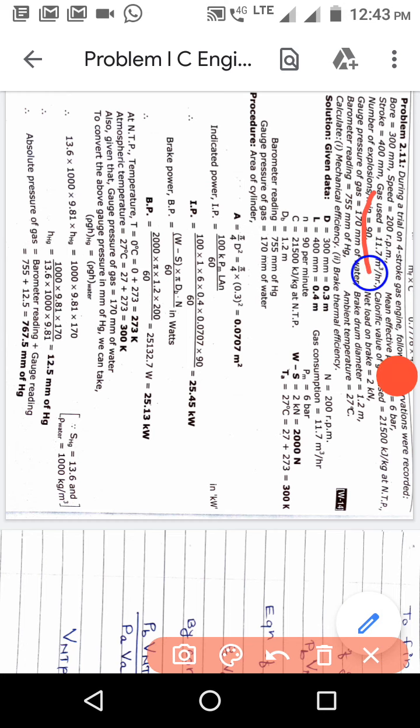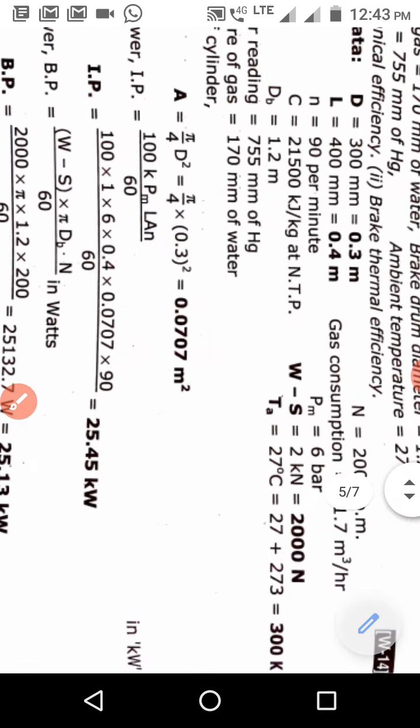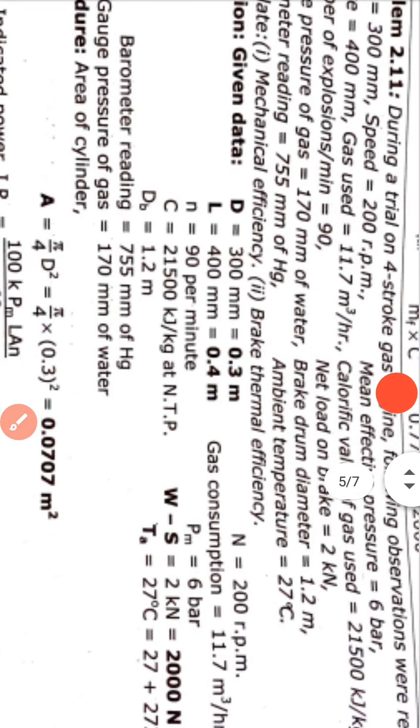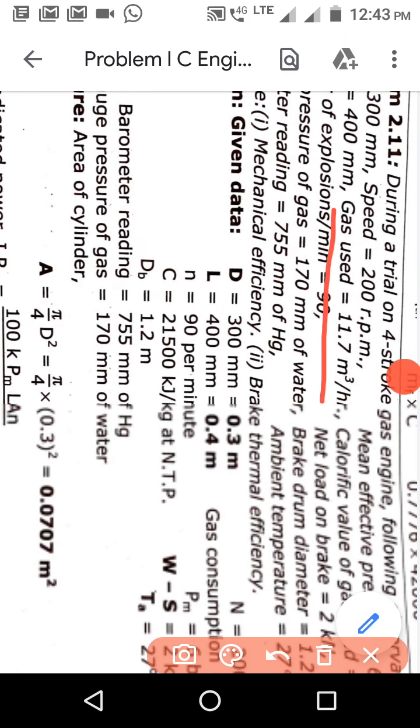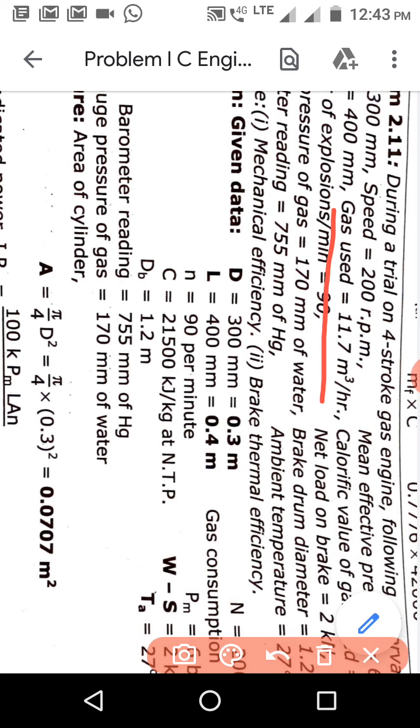Now what is given? Now see here, gas use is given. Gas use means mass of fuel use. But they have not given the mass of fuel use. Here the volume of fuel use is given, because the unit of this gas use is meter cube per hour.